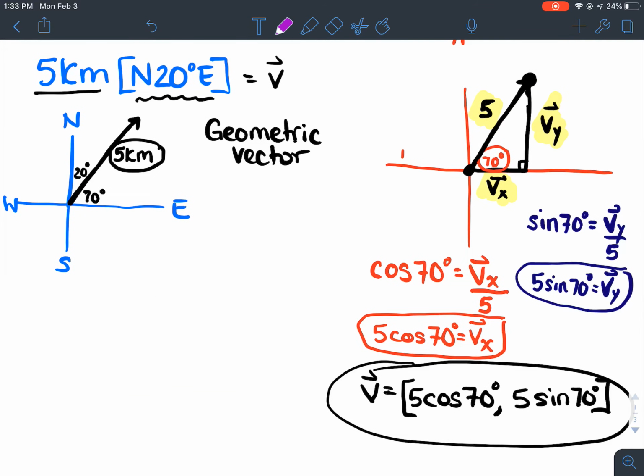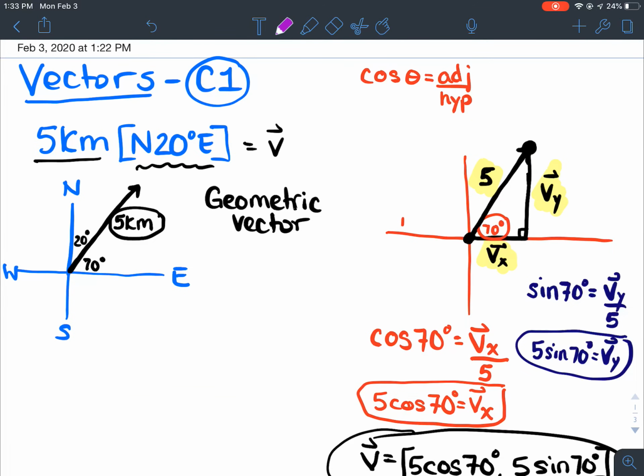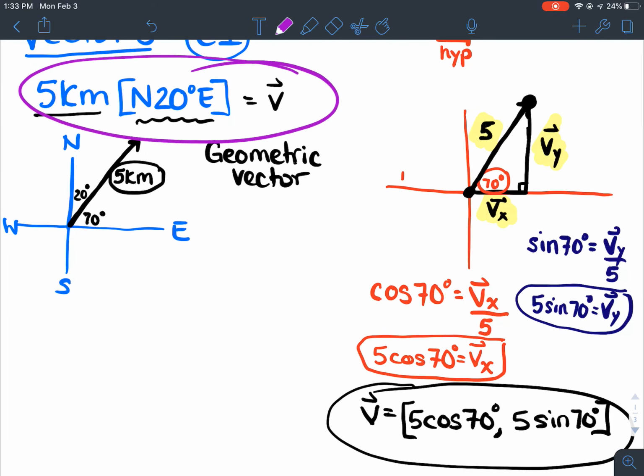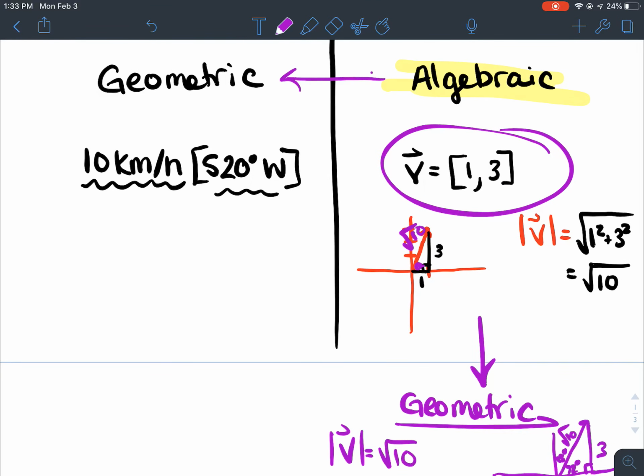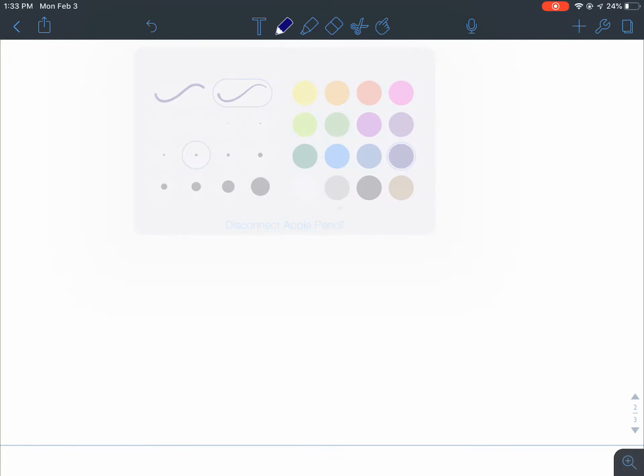So I just took an algebraic vector and turned it geometric. And above, I showed you how to turn a geometric vector, like this guy, into an algebraic vector. So now you guys know how to turn algebraic and geometric vectors into each other. And you know how to represent them. So you should also know how to do stuff like this. Like if I said, draw this vector.